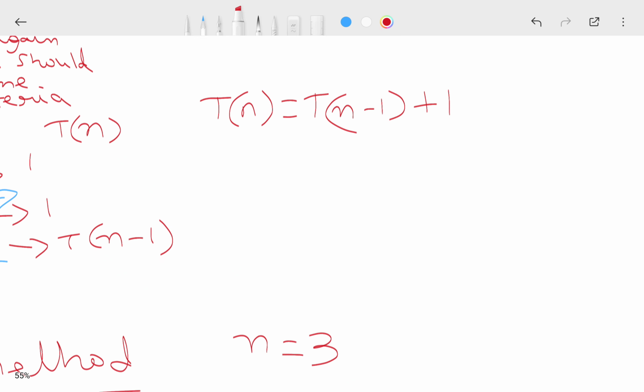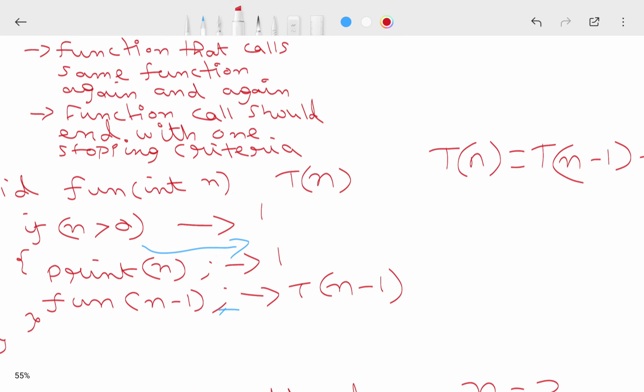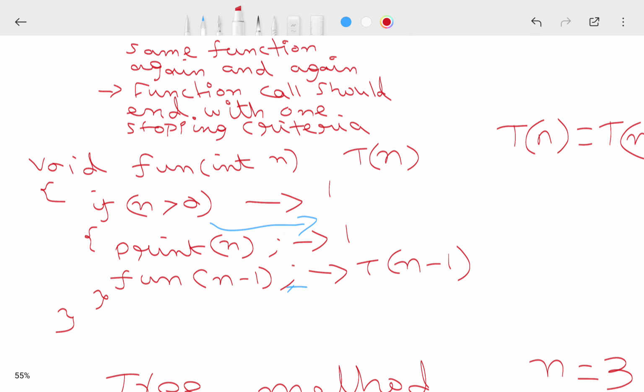Suppose the input value n is 0, then only this statement will be executed once, and these two statements will not be executed because this condition will be false.